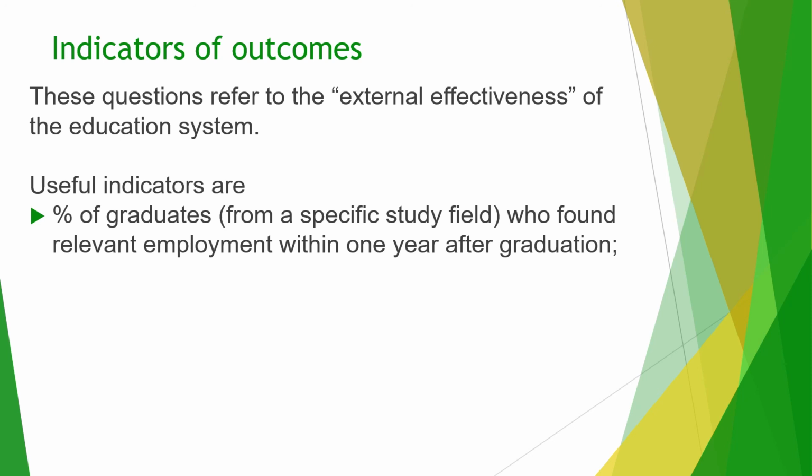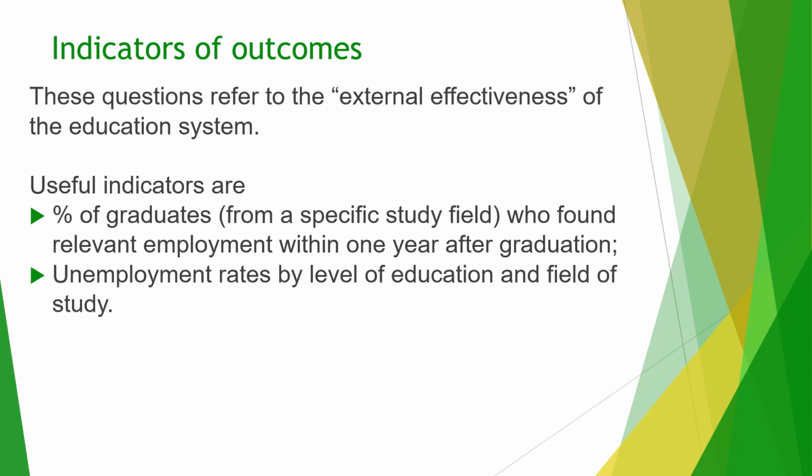Or the percentage of graduates in the social and human sciences who have found some employment in that particular sector. It can of course also be particular skills, such as the percentage of graduates of electricity and plumbing who have found relevant employment within that sector within 1 year of graduation. Another useful indicator is to look at unemployment rates by level of education and field of study.